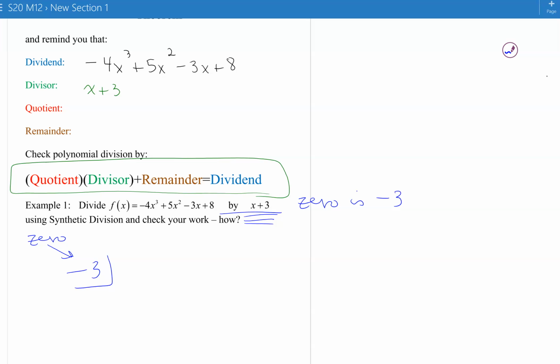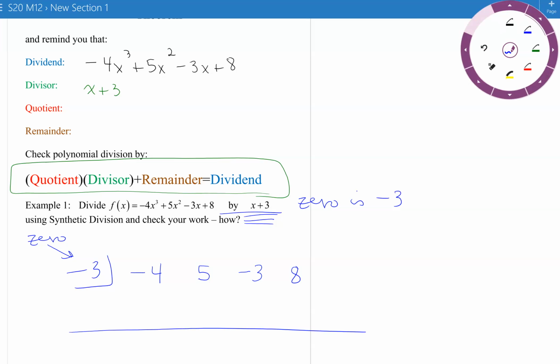Then in the same row as the negative 3, you put the coefficients of the polynomial, and you don't write the x part or the pluses or minuses. They're included in the coefficients. So negative 4 represents the x cubed term, 5 represents the x squared term, negative 3 represents the x term, and 8 the constant. So then leave room for another row and then put a horizontal line.